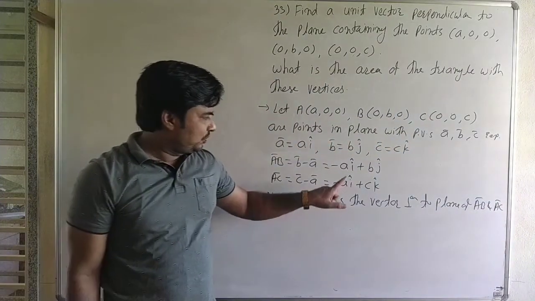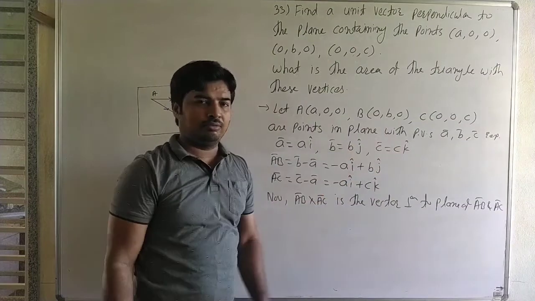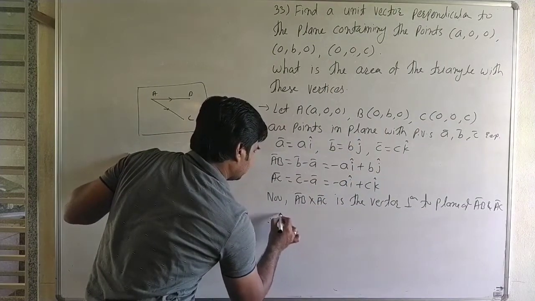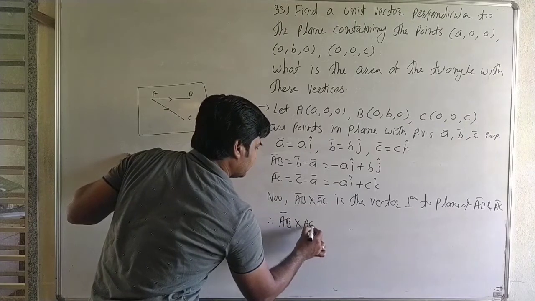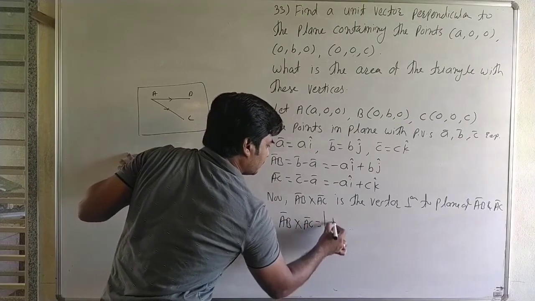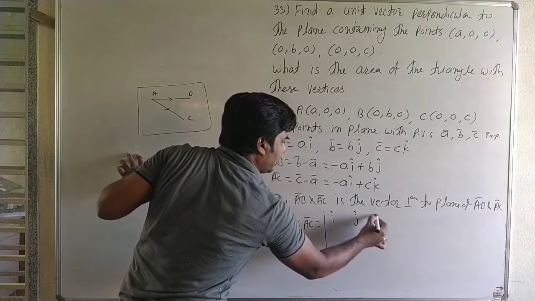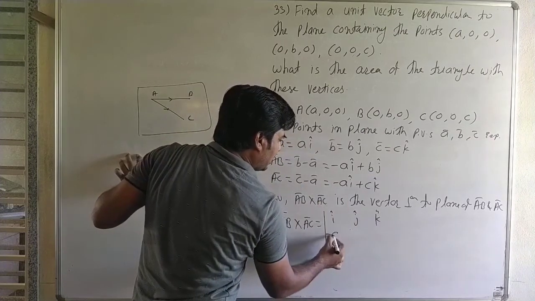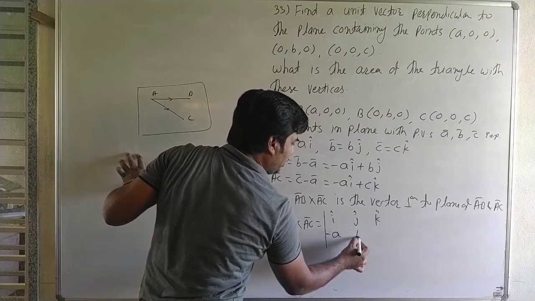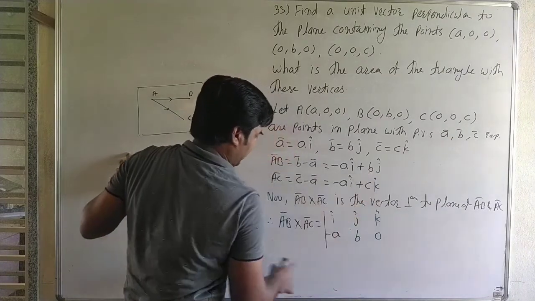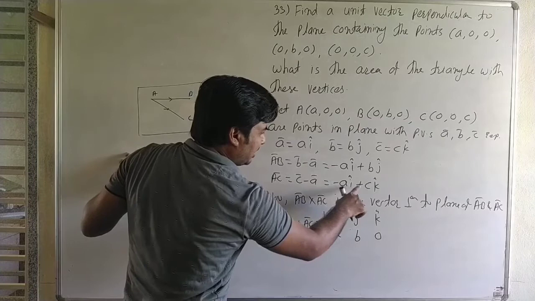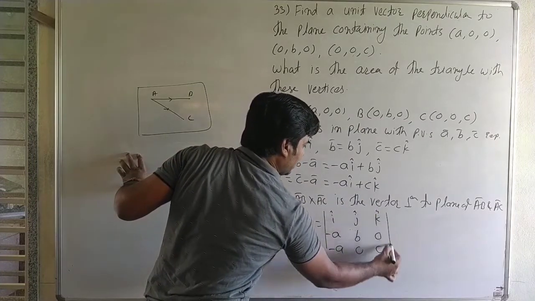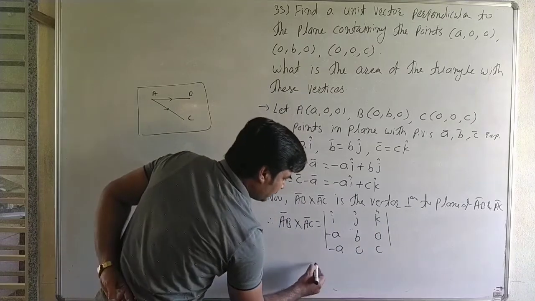AB cross AC is a vector perpendicular to the plane of AB and AC. Therefore we find AB cross AC. It is i, j and k. AB is minus A, B and 0. AC is minus A, 0 and C. Now take the determinant, it is the cross product.